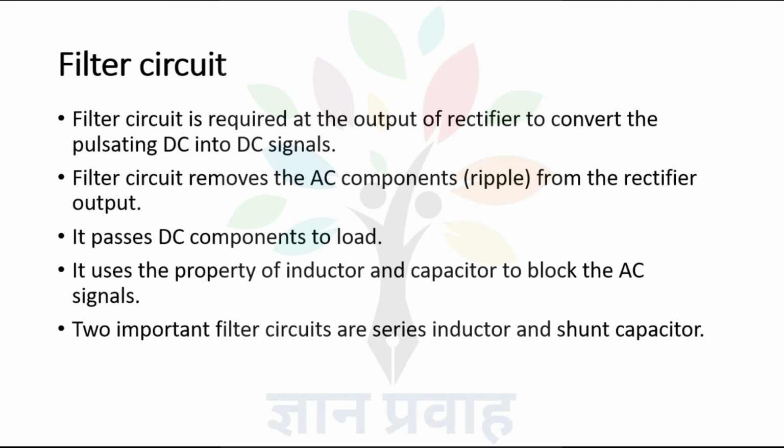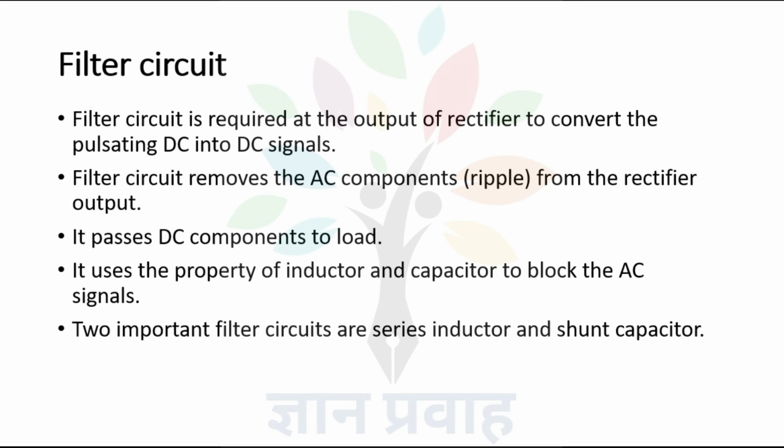Filter circuit. Filter circuits are always used at the output of the rectifier circuit because the output of the rectifier circuit is pulsating DC and we want a pure DC signal. So the filter circuit is converting the pulsating DC signal into DC signals, and these DC signals are not accurate DC signals.